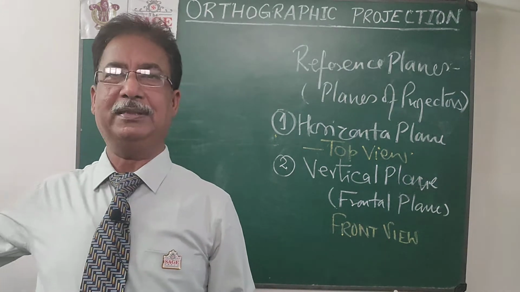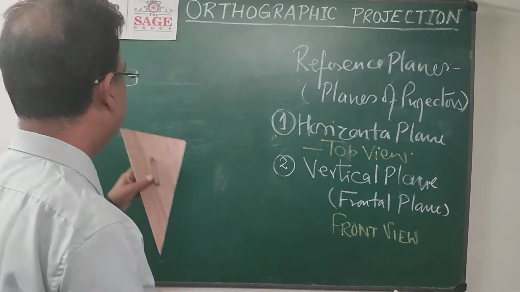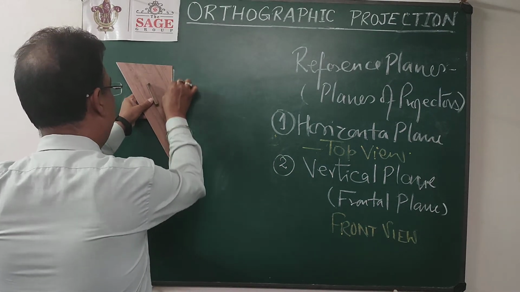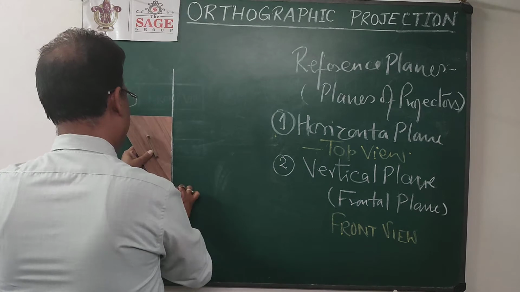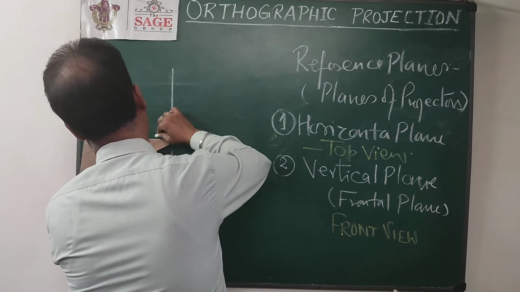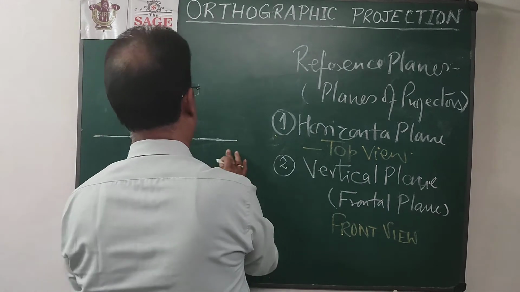But if I look from the side, then these two planes will look like lines, and this figure will be like this. If I want to represent my horizontal plane and vertical plane looking at them from the side, then this will be like this. And this is our quadrant system.